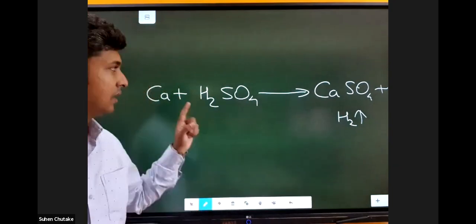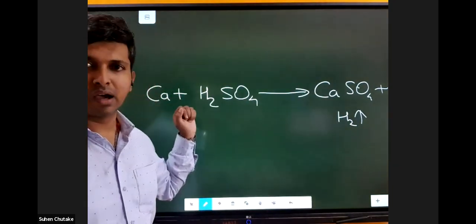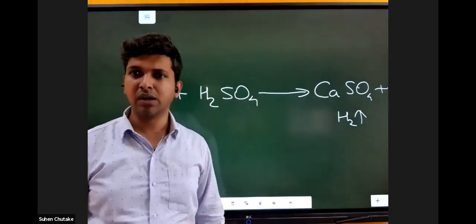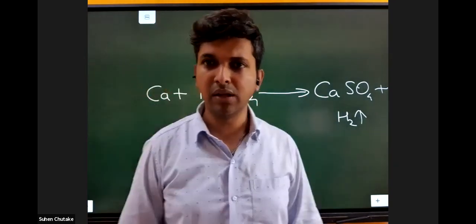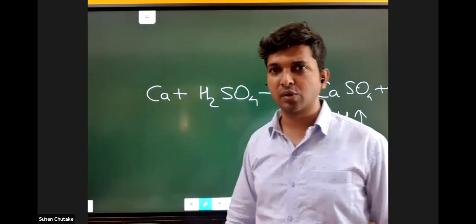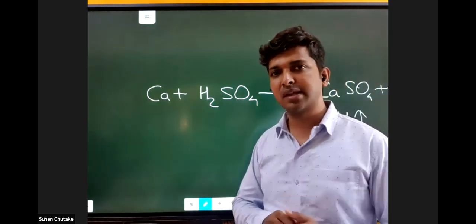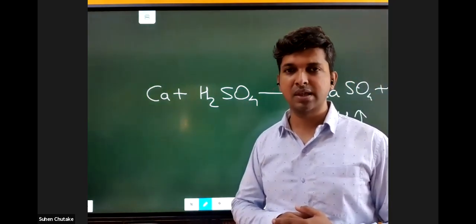So what happened over here? Calcium displaced hydrogen and combined with sulfate to form calcium sulfate, and here you get hydrogen gas. So calcium plus H2SO4 gives CaSO4 plus H2: calcium sulfate plus hydrogen gas.